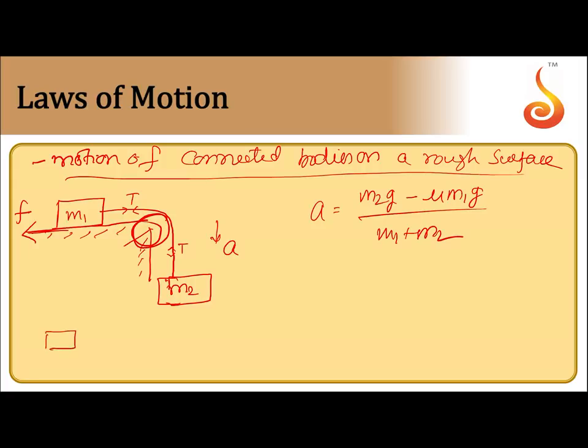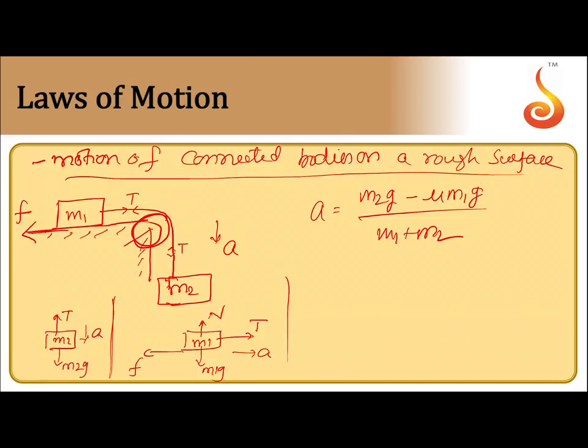On m2, the forces are m2g down, T up, and of course the system is accelerating down. On m1, the forces are m1g, normal reaction N, tension is pulling it along this direction, and force of friction is in this direction, and this system is also accelerating towards right.